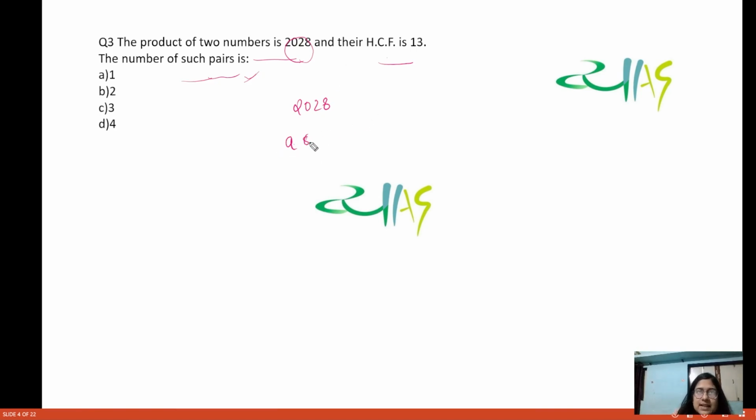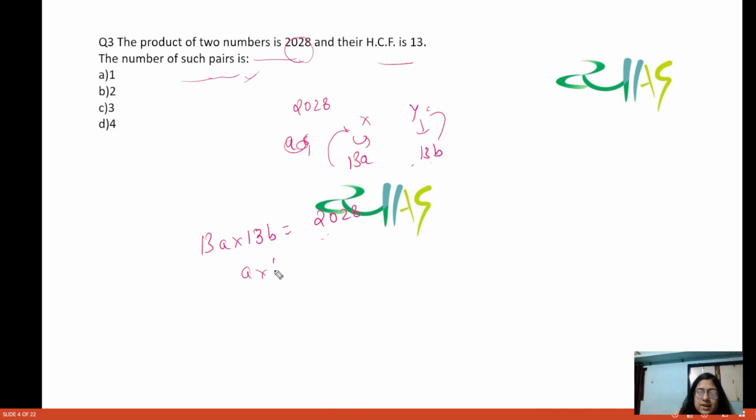Okay, so let us take the two numbers as x and y. So these numbers are basically x and y are 13a and 13b. Now this 13a and 13b, when multiplied, they are giving 2028. So definitely this 169 is a factor of this.